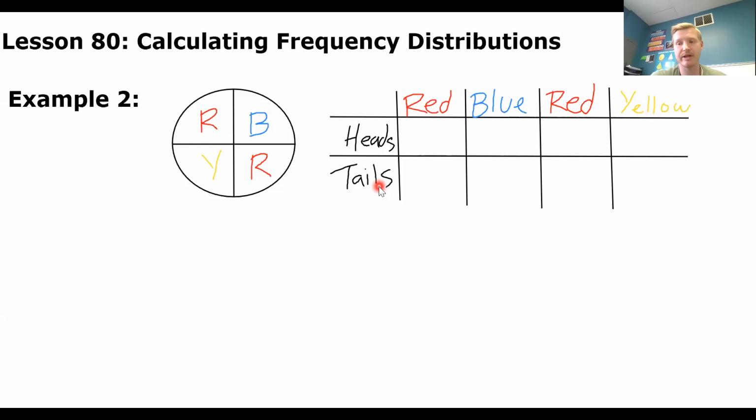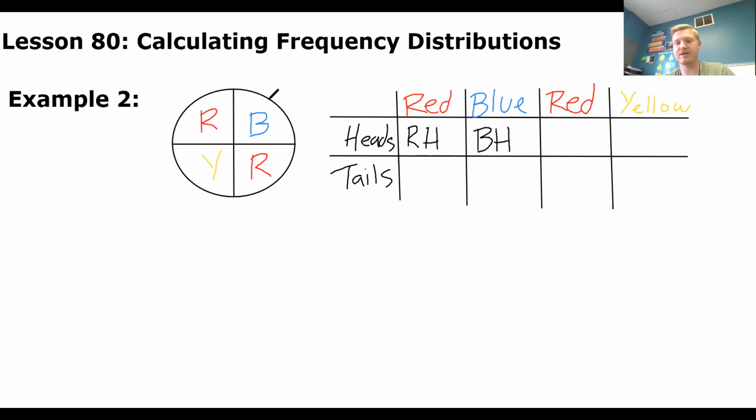So what is the probability of getting a red and a heads? Well, all I'm going to do there is write R for red and H for heads. So that's one of my probabilities. My next one is the probability of spinning the spinner, it landing on blue, and me flipping a heads.